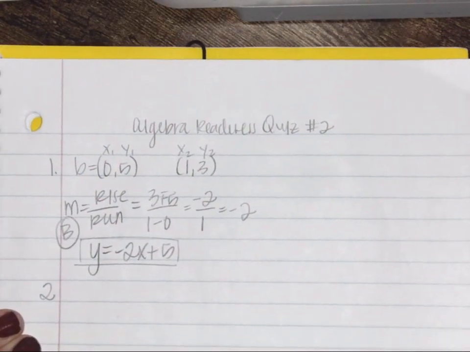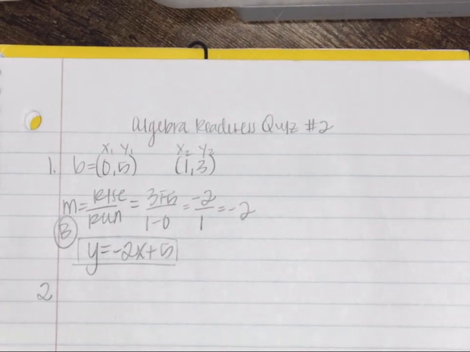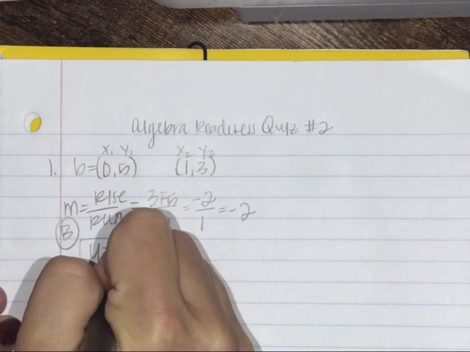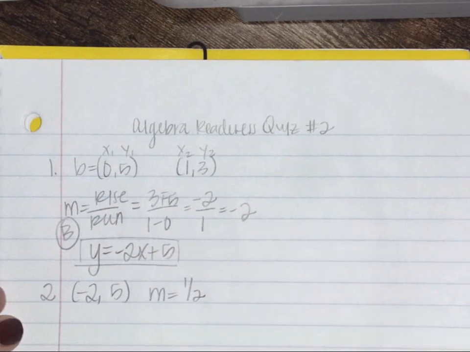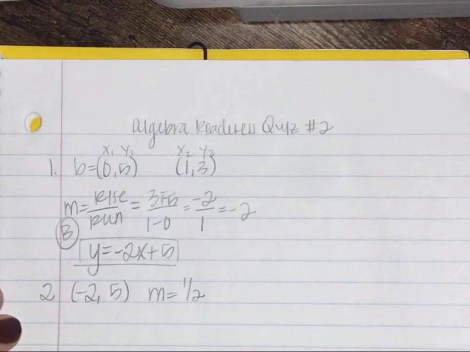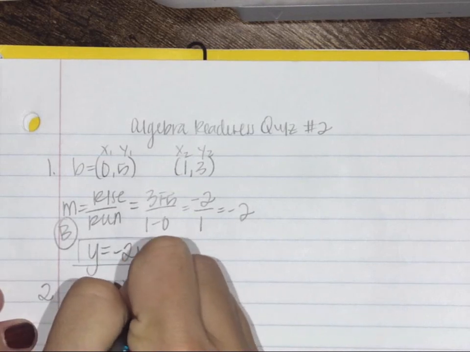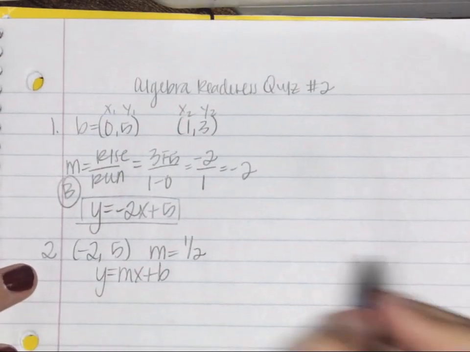Number 2, write an equation in slope-intercept form using the point negative 2, 5, and slope 1/2. If I have my slope, that means the only thing I need is my y-intercept. So I'm going to use my equation and plug in what I have.